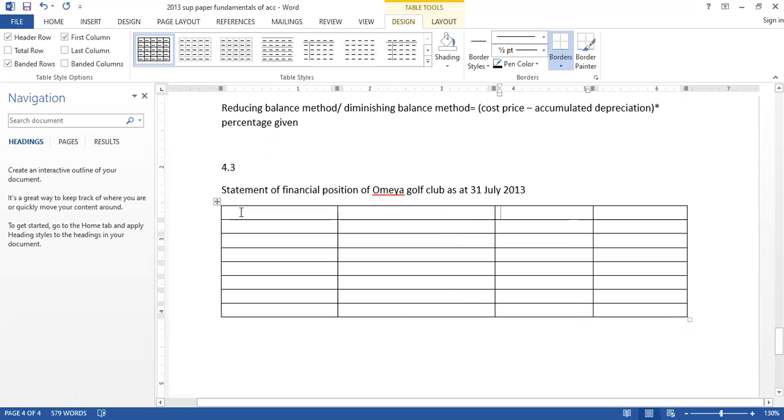Okay, so the first item we record in our statement of financial position are our assets. We first record our assets, starting off with our non-current assets.